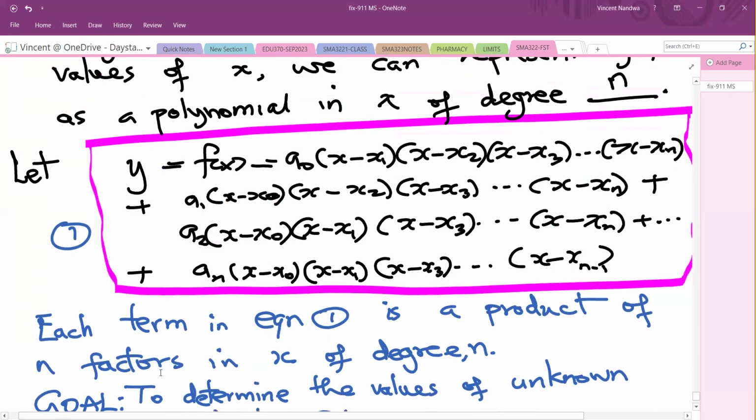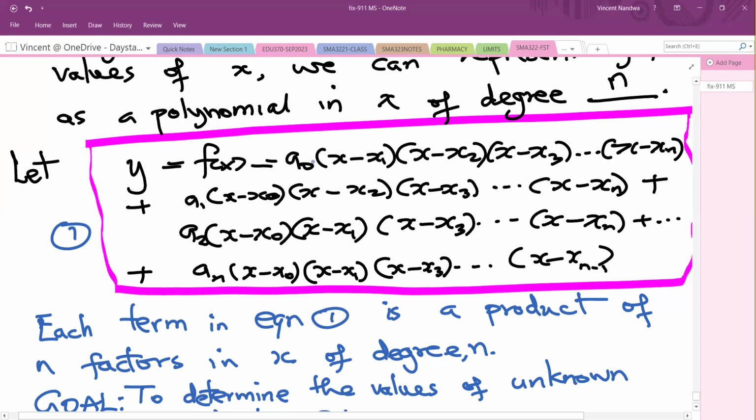Where there's x in all this equation, I'm replacing x naught. You should be able to see that the only term that will remain will be the first term. Other terms will go to 0. Are you able to appreciate that? Whenever we replace x for x naught in equation 1, the only term that remains is the term with the coefficient a naught. All other terms will be 0.